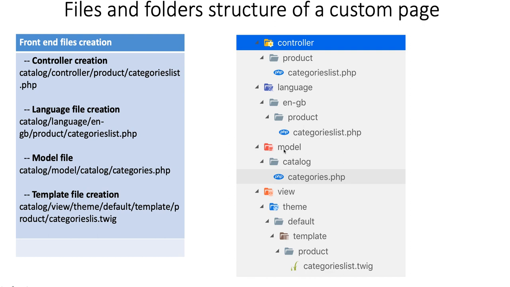Similarly for models, we use model catalog, and categories.php. And for views, view, theme, default, template, product, and category list.twig. If you are using a different theme, it's better to keep it in the default theme, because when you change your theme, it may not find this categories list twig, and may give a fatal error.